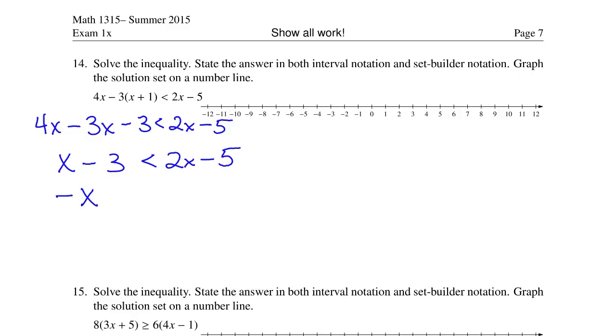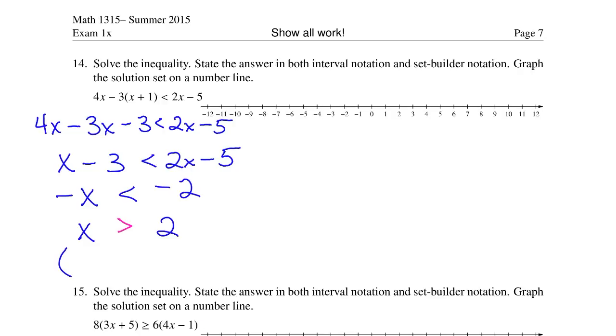That comes over as a negative, combines with the 1x there and gives me -x, which is less than, and then we have -5 on the right, and -3 on the left. If we move that over, we get -2. Then we want to divide both sides by -1, so we get x and 2, but also recall that when you divide by a negative with an inequality, you have to switch the signs around.